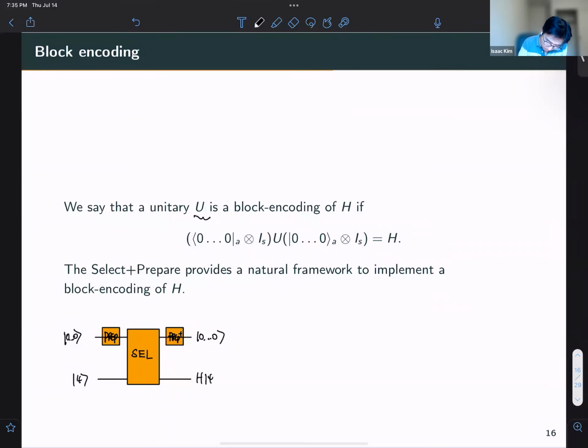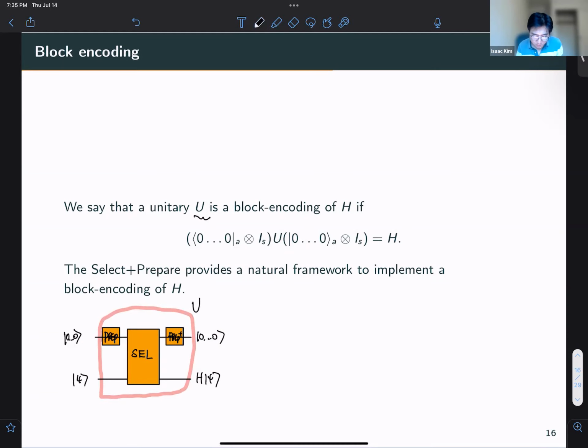We started with the all zero state on this first set of qubits, apply preparation, which is a unitary, apply select, prepare dagger, which is a unitary. So this entire thing is a unitary.